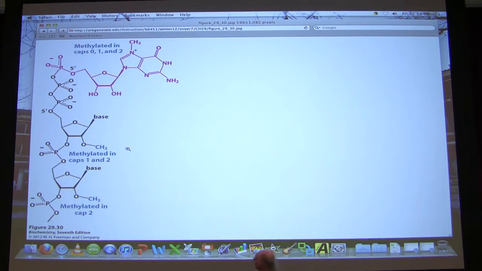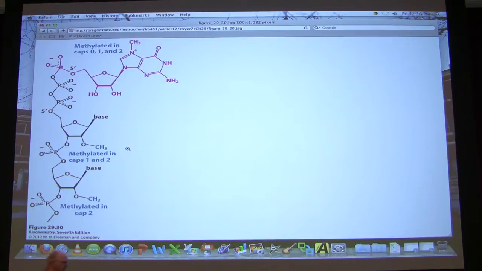So the 5' end of one is attached to the 3' end of the previous one. All right? When we look at the very 5' end of a messenger RNA in eukaryotes, we discover that this modified guanine nucleotide has been attached not in a 5', 3' orientation, but in a 5', 5' orientation.